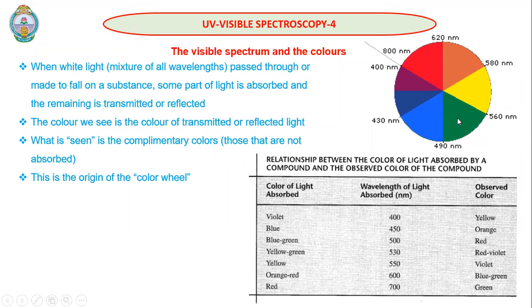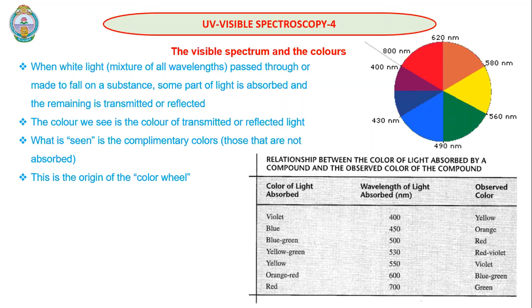That is what complementary means. If a substance absorbs yellow light, it emits purple or violet color. If a substance absorbs orange color, it emits blue color, and vice versa. So this is what we call complementary colors.